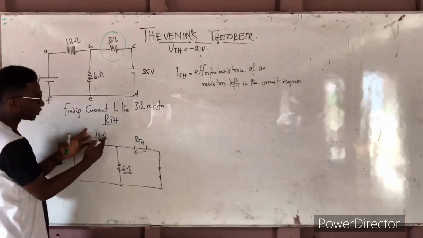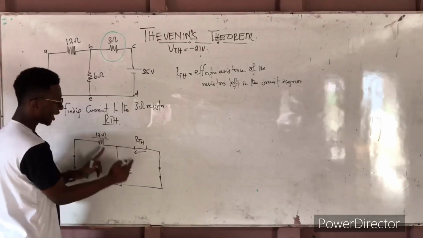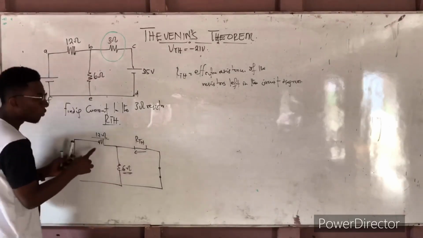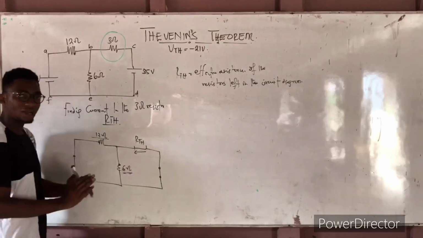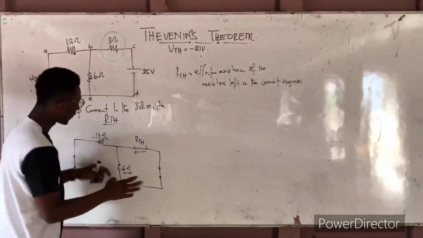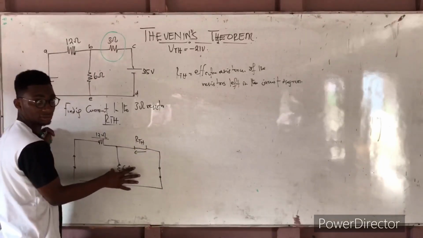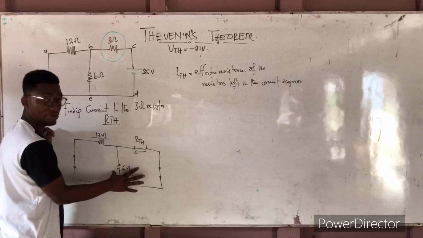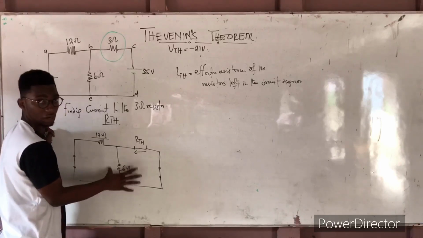You realize that you have a 12 ohm resistor and a 6 ohm resistor, and they are parallel to each other. You've done resistors in parallel, so you can go check on it. They are parallel to each other because they will experience the same voltage across them.